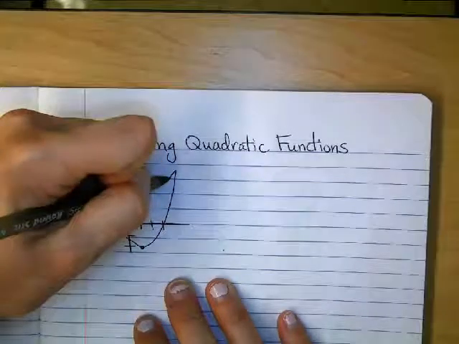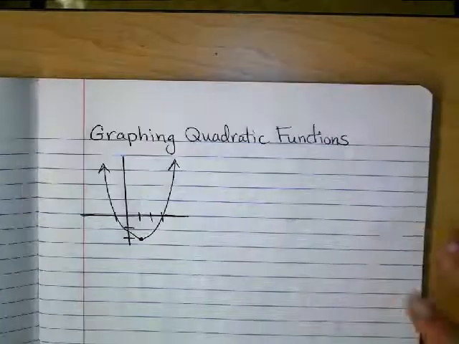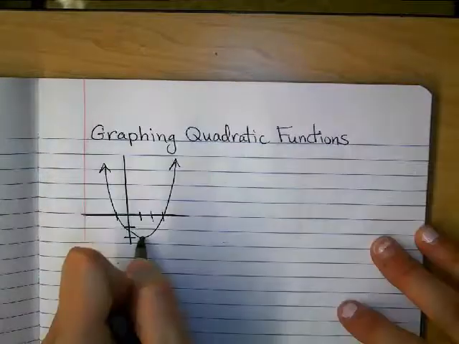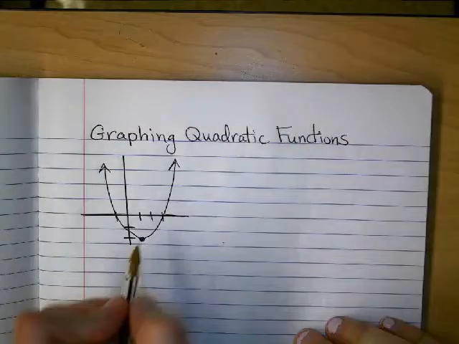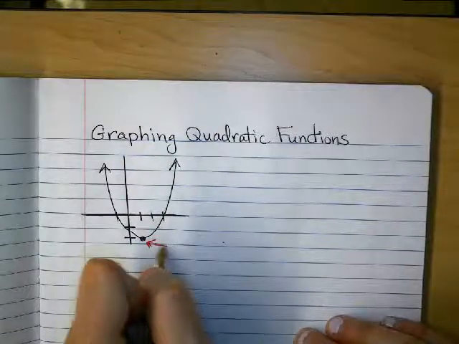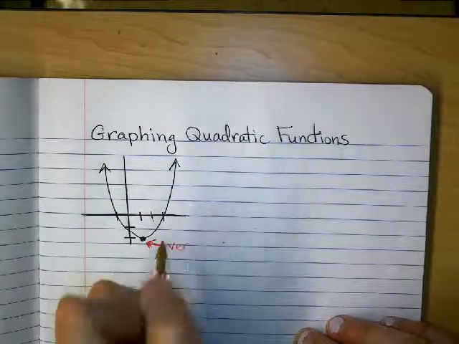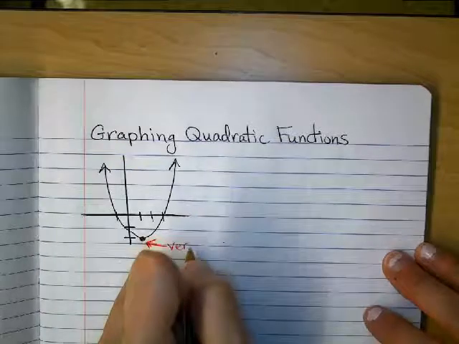So I'm drawing parabola functions. So right here is called the vertex, and that's where it moves right down from.